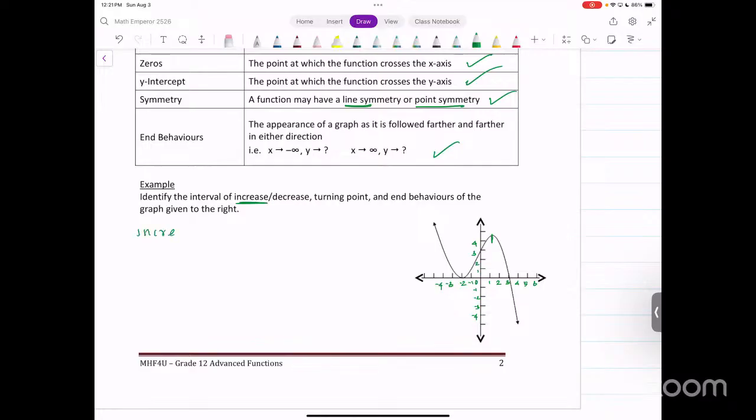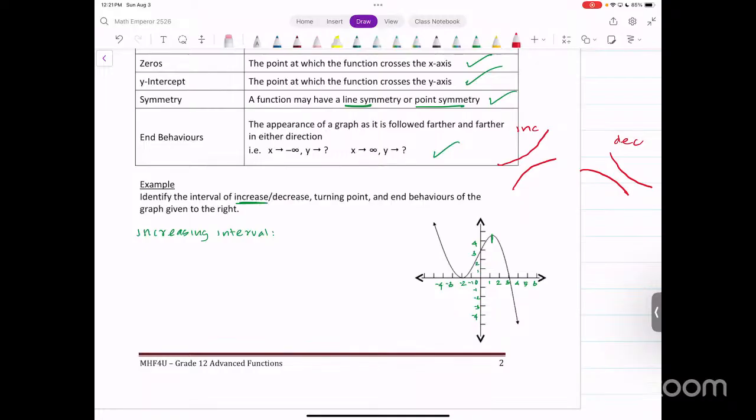Keep in mind, if a graph goes like that, that's an increasing shape. If the graph goes like that or like that, the shape is decreasing. So that is going to be the increasing shape, and this is the decreasing shape. You have to look at the graph in that format.